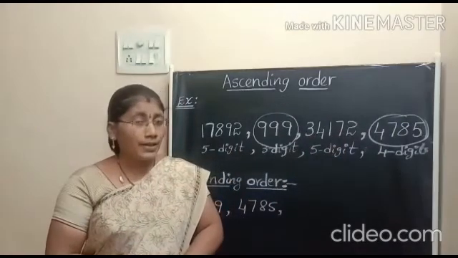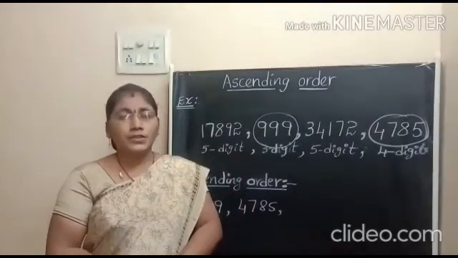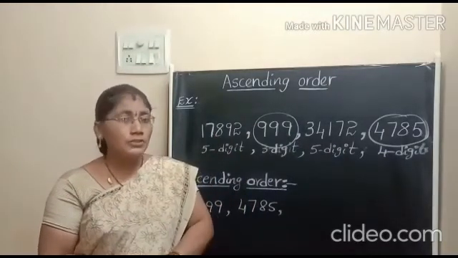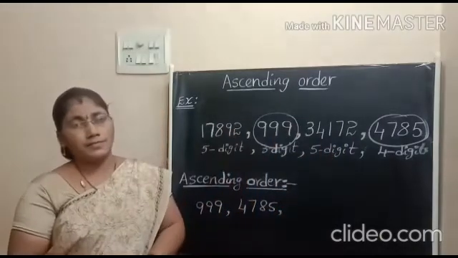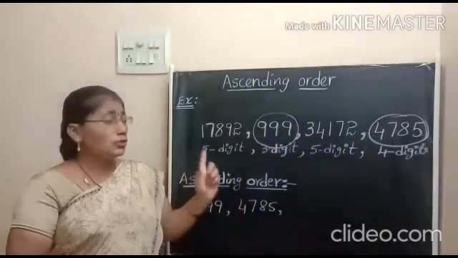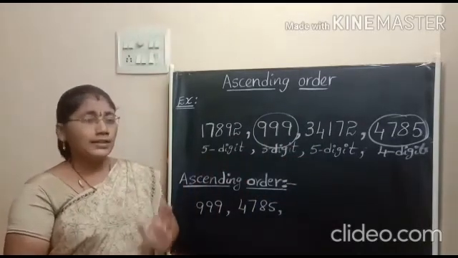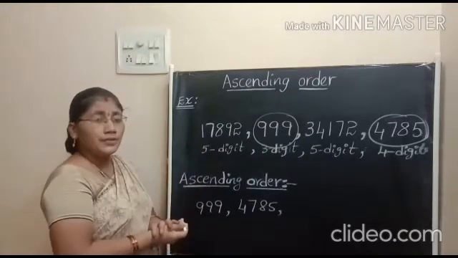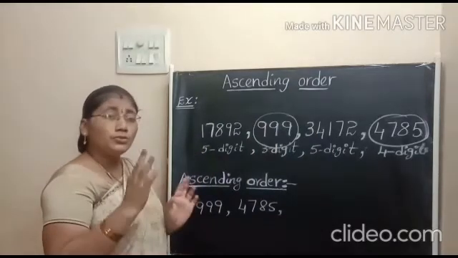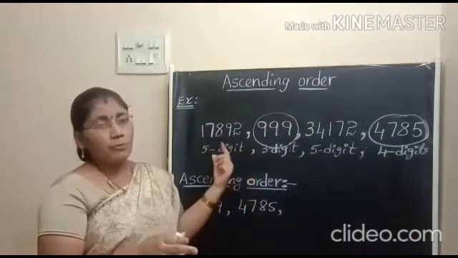Now we are comparing 2 numbers with the same number of digits. Here we have to compare these 2 numbers digit by digit. While comparing 2 numbers with the same number of digits, we should start from the leftmost digit.